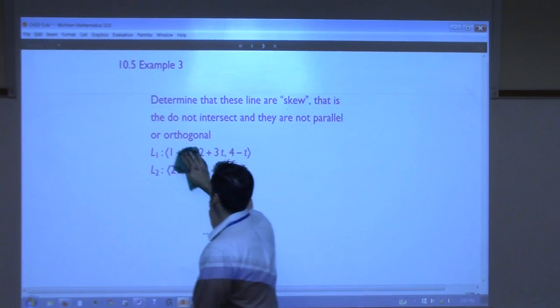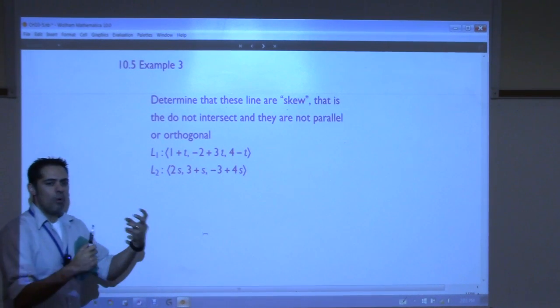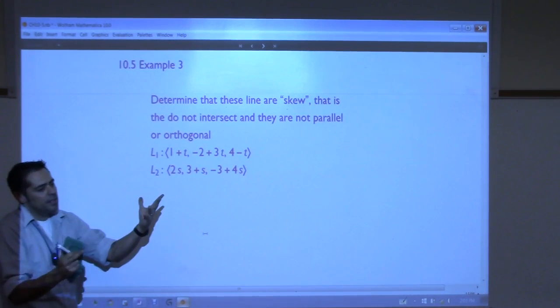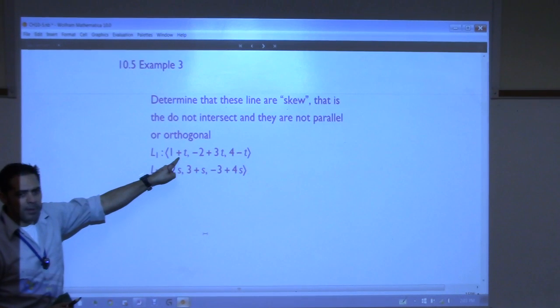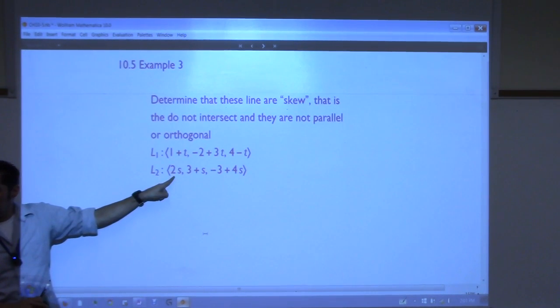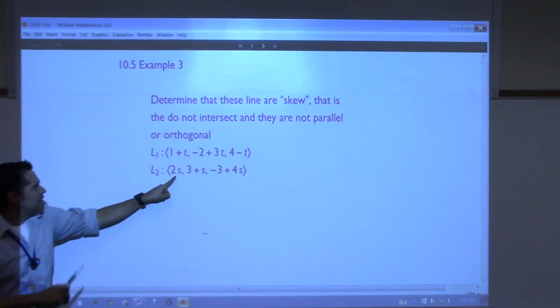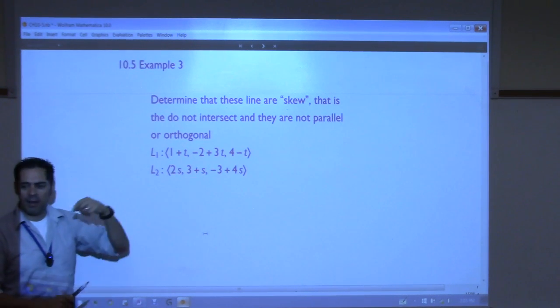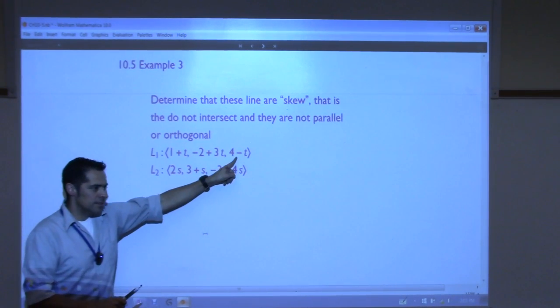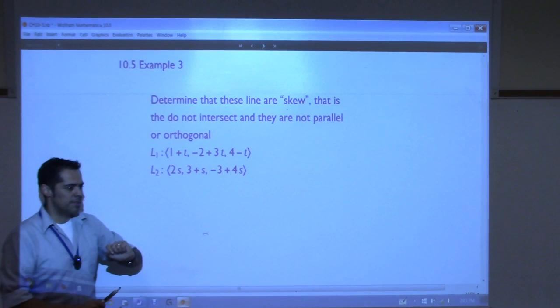What that would mean is that at some point in time, this x component and this x component would have to be the same. And at the same point in time, this y component and this y component would have to be the same. And this z and z component would have to be the same.